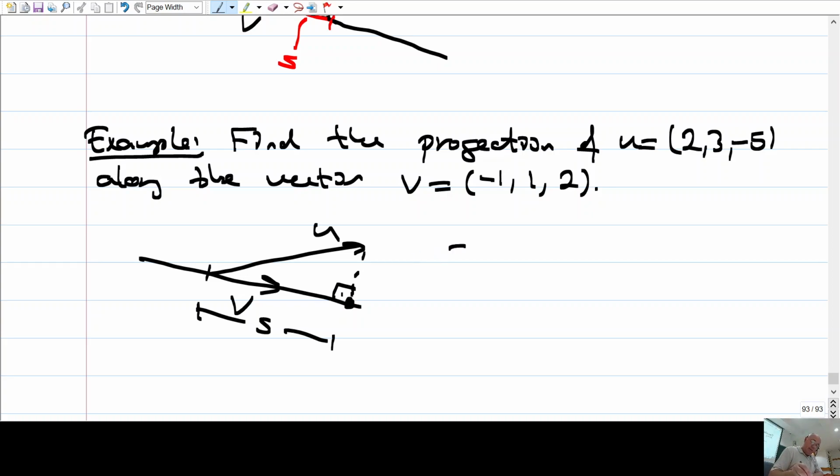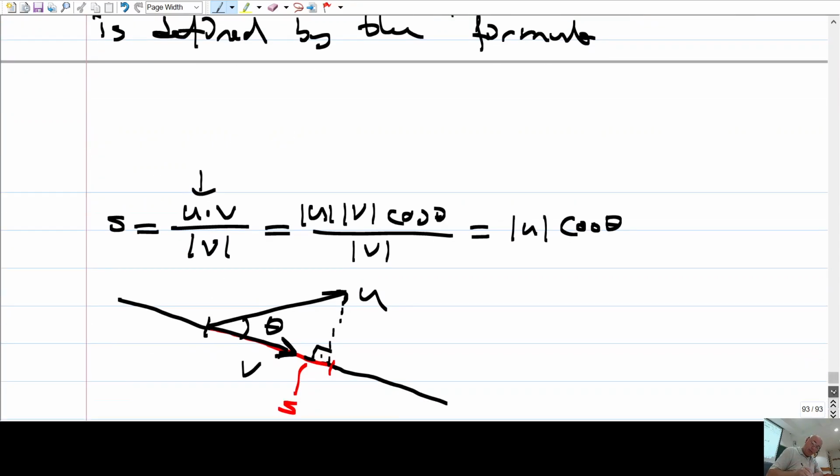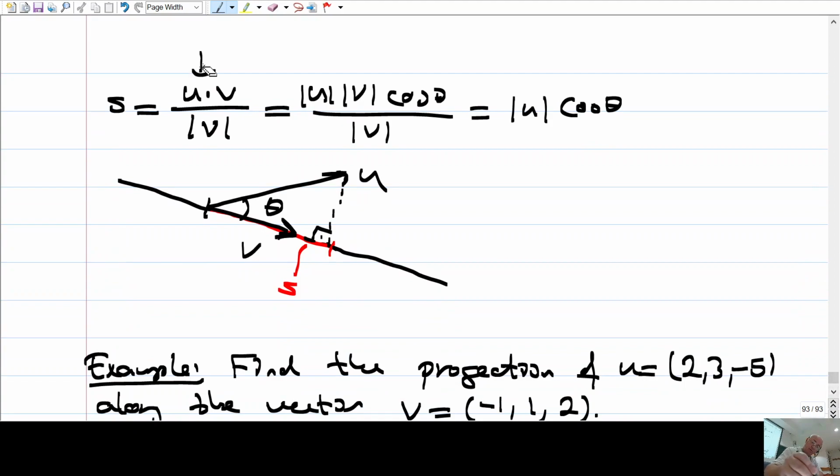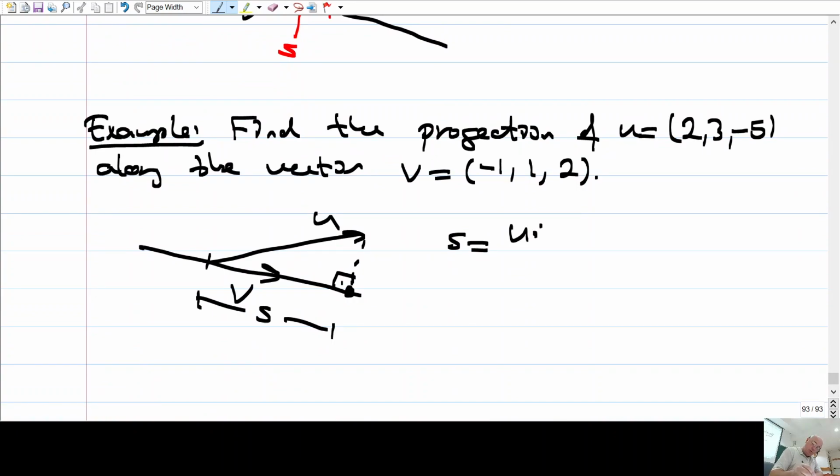So what is that? s is just u dot v by definition, right? u dot v divided by the length of v. I don't use the cosine theta version of this because I don't know the angle anyway, right? This is much more practical.